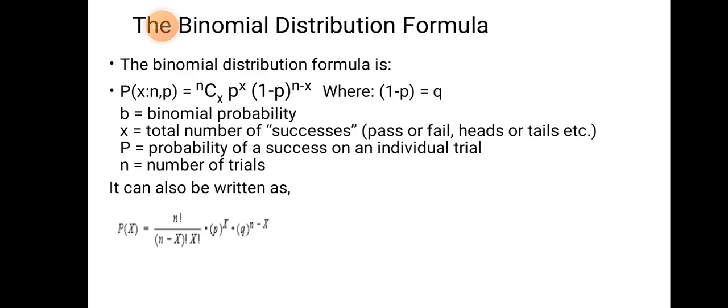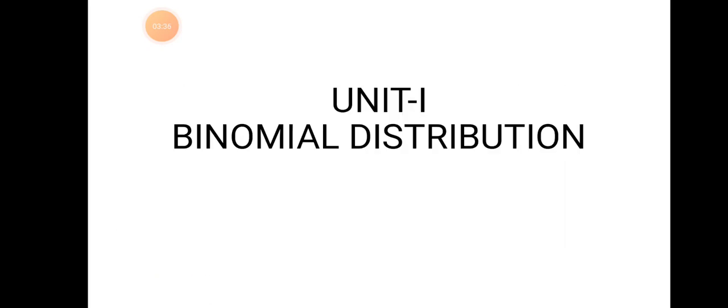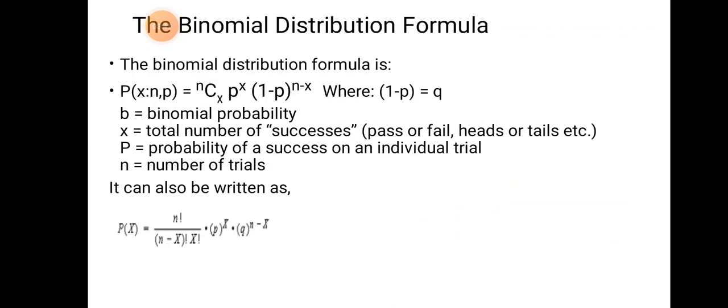For nCx, below you can see here, the elaborated version of nCx, that is n factorial divided by x factorial into n minus x factorial, into p to the power x into 1 minus p to the power n minus x.